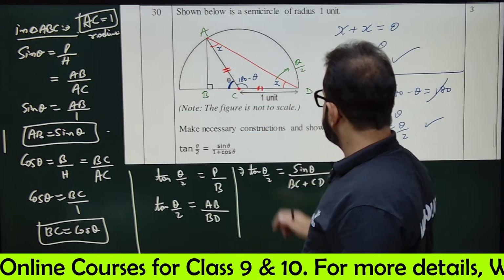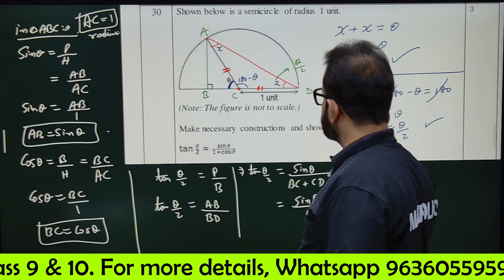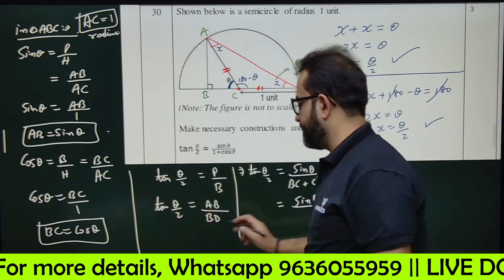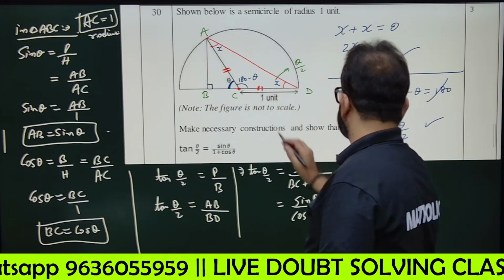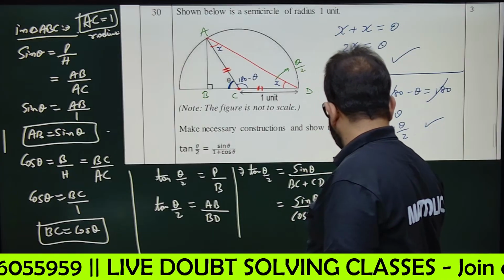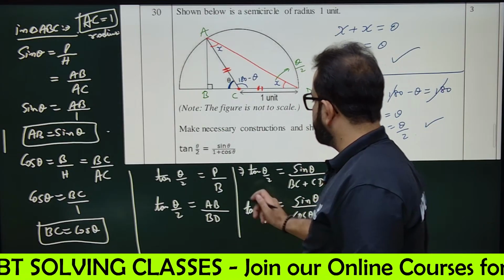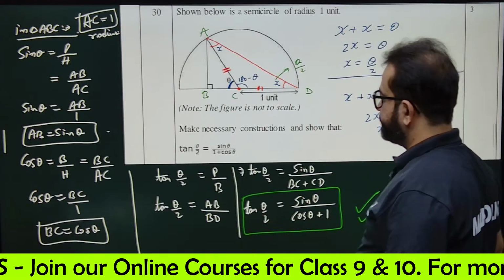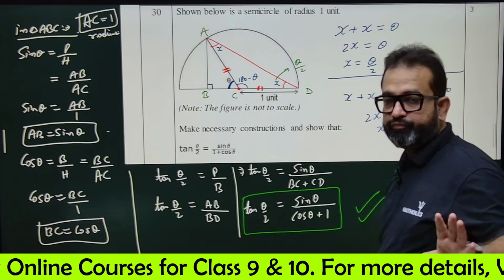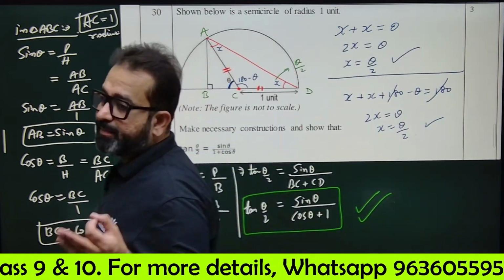BC we just found out is cos theta, and CD is 1. So tan theta by 2 came out equal to sine theta upon cos theta plus 1. Is this clear to everyone? Hence proved. Sorted? This is how we do these types of questions, just by applying trigonometry.